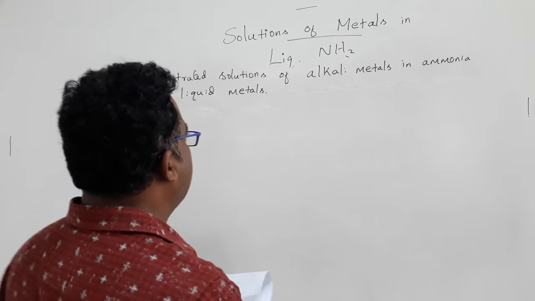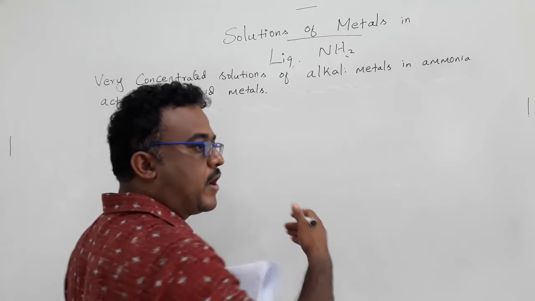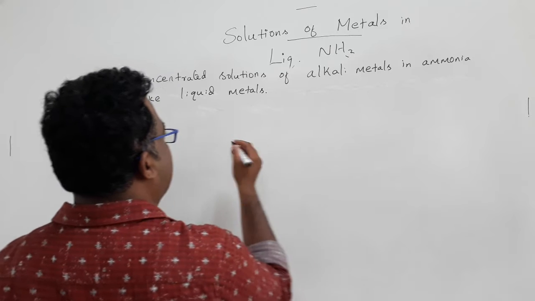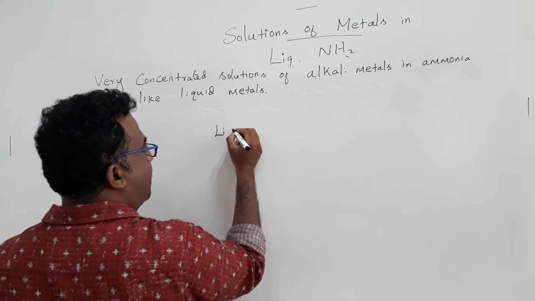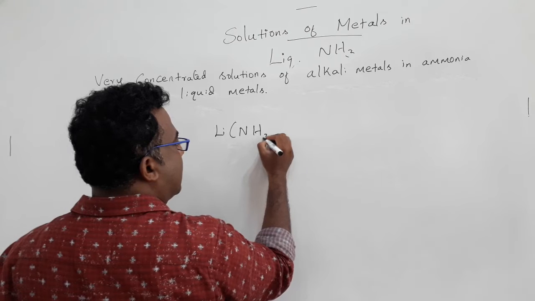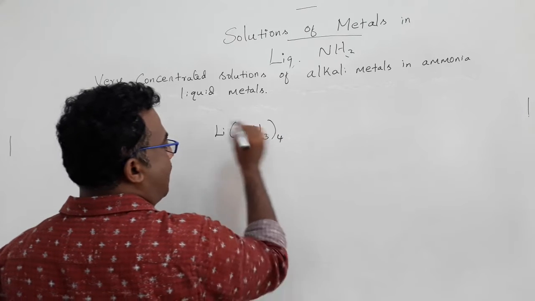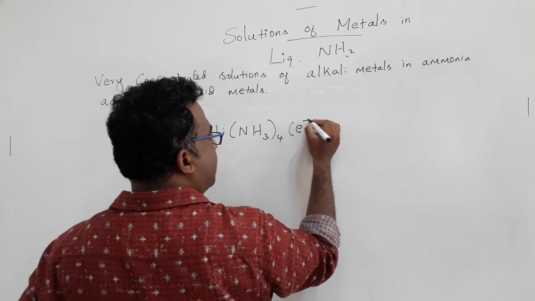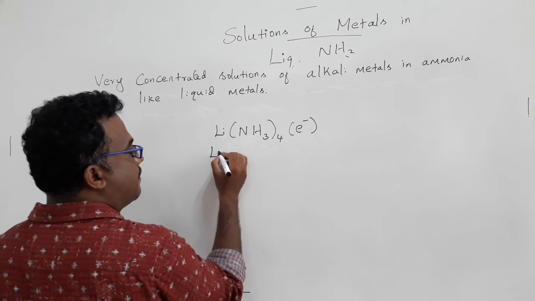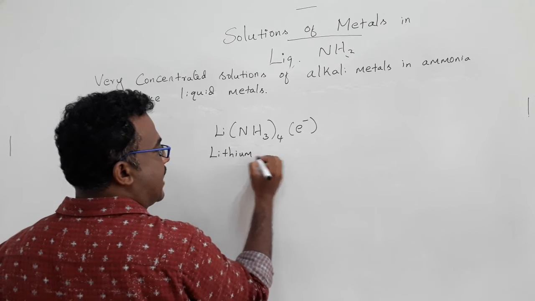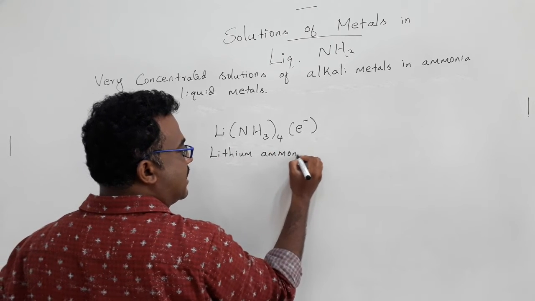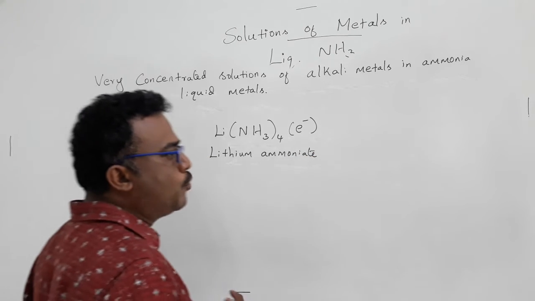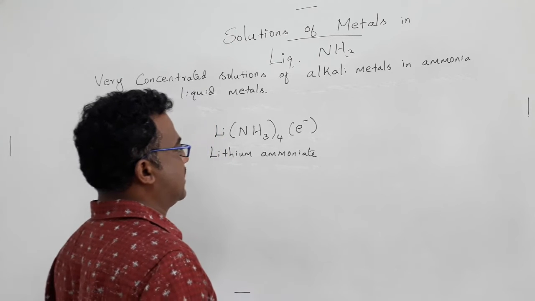For example, if the mixture was taken to a very low temperature, what happened? Lithium crystallized in the form of lithium tetraammonia. Four ammonia molecules were bonded with lithium. This is called lithium ammoniate, which crystallizes in a body-centered cubic arrangement.